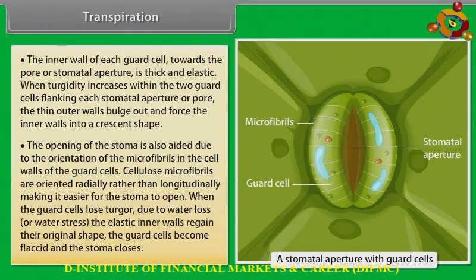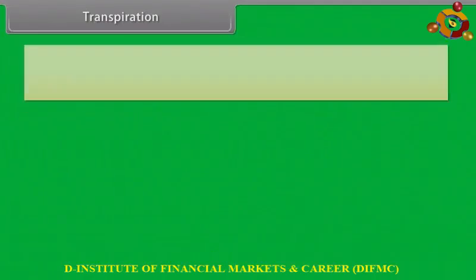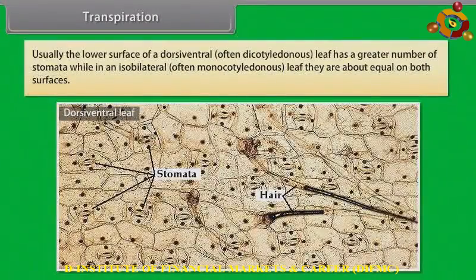When the guard cells lose turgor due to water loss or water stress, the elastic inner walls regain their original shape, the guard cells become flaccid and the stoma closes. Usually the lower surface of a dorsiventral or often dicotyledonous leaf has a greater number of stomata, while in an isobilateral or often monocotyledonous leaf, they are about equal on both surfaces.